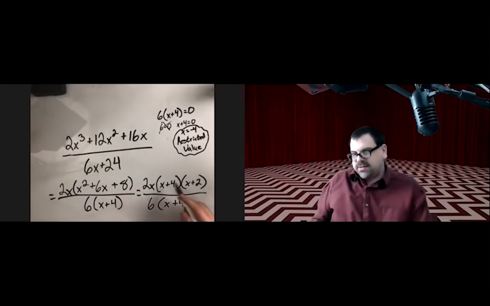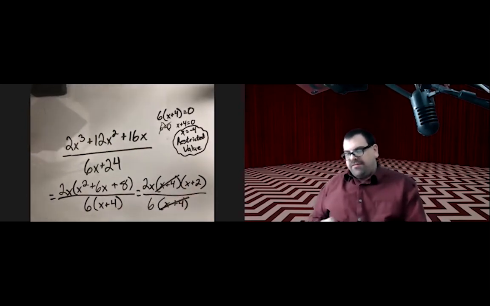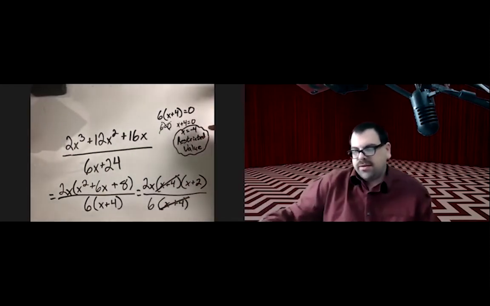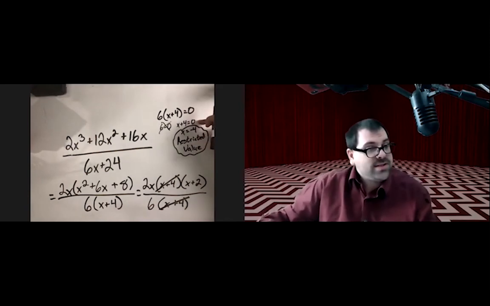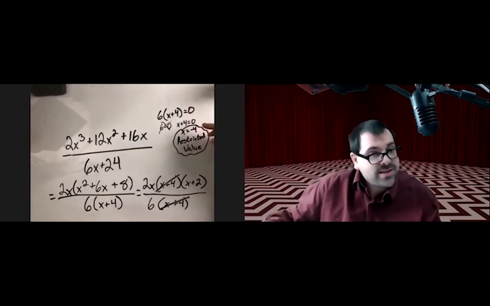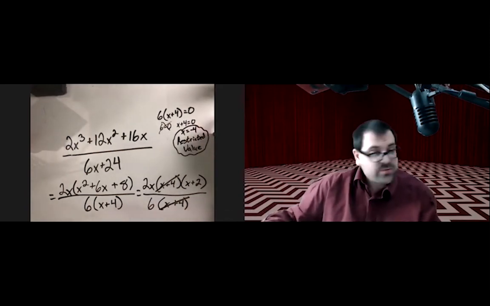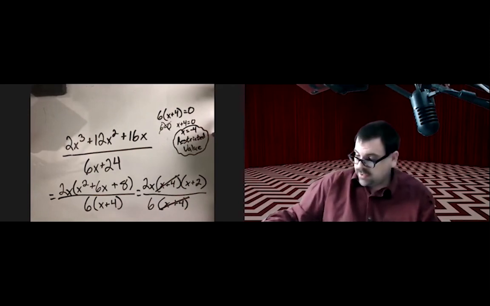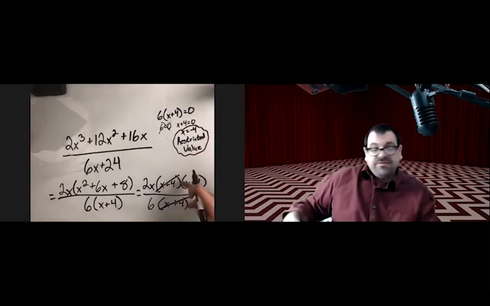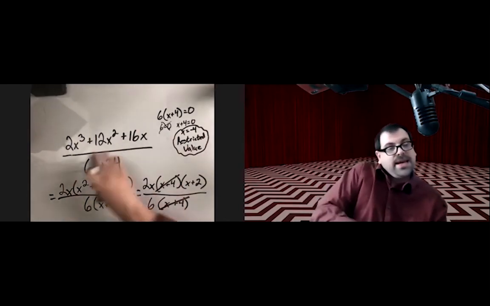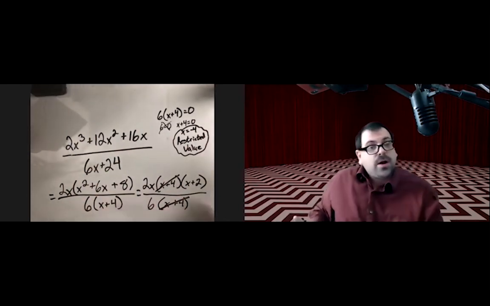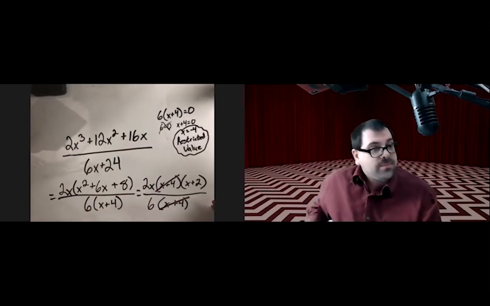Well, it's because that factor that we got the negative 4 from, that x plus 4 that we set equal to 0 to find out that it's a restricted value, that factor just canceled away. So we have to find it here at the beginning of the problem, because by the end of the problem, that information might not be there anymore.